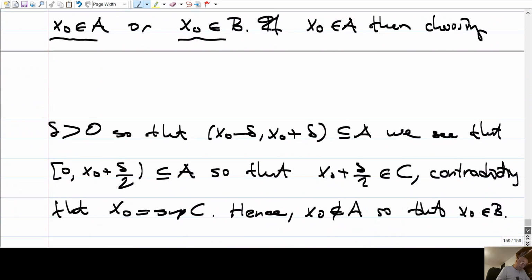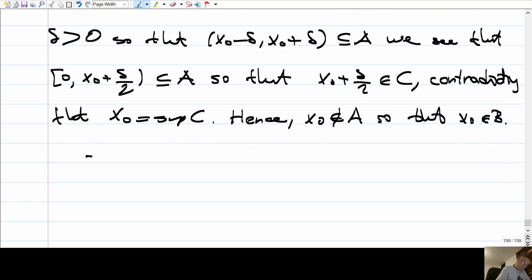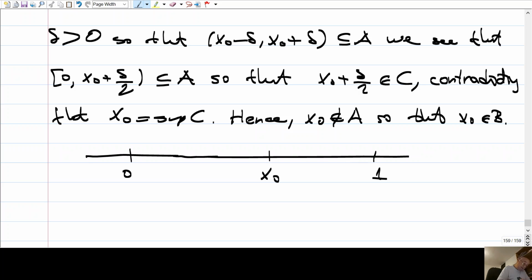Why is that? Let me draw you a picture again. Here is 0, here is 1, and here is x0. Well, x0 is in B will mean that B is also open. So there is an open subset like this around x0, and we say radius again delta.